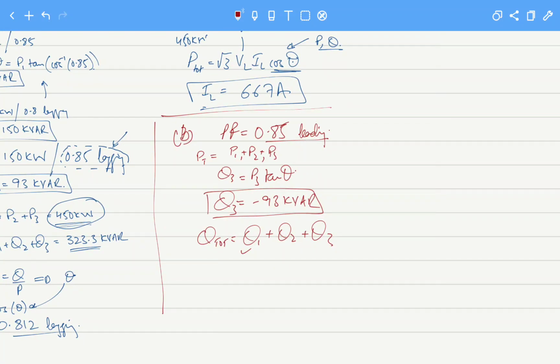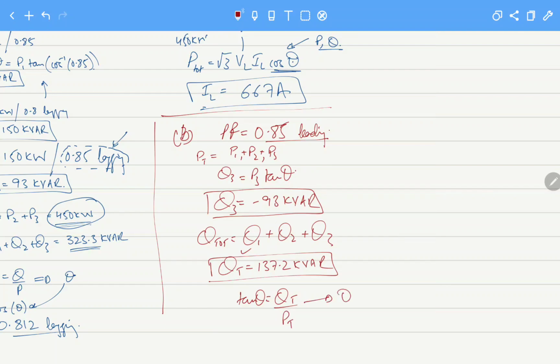So for this scenario, QT will become 137.2 kVAR, and of course this changes as we have calculated previously. Now if we calculate for the overall system, then θ = tan⁻¹(QT/PT).